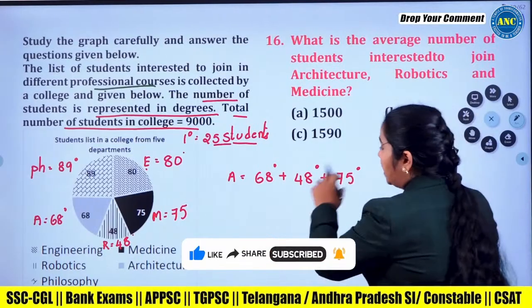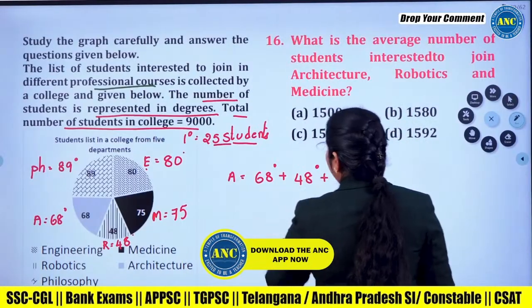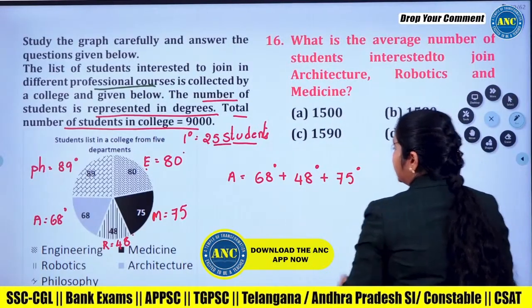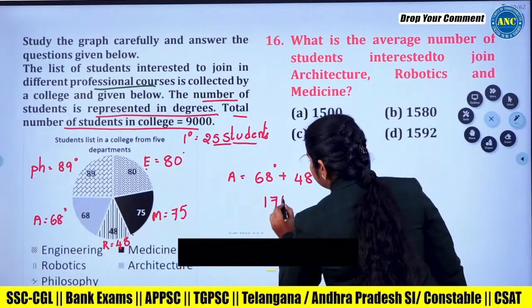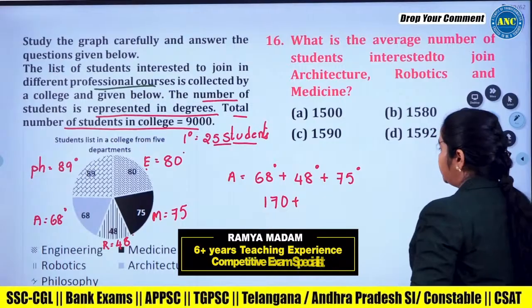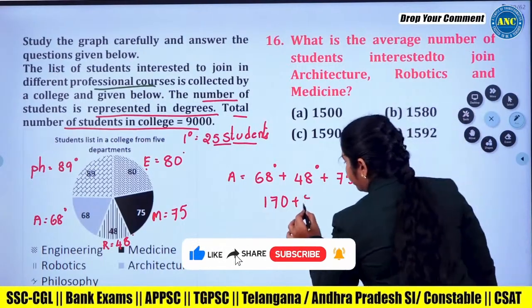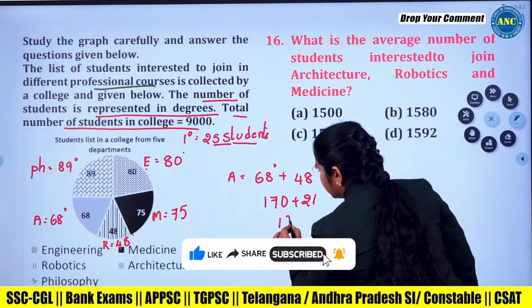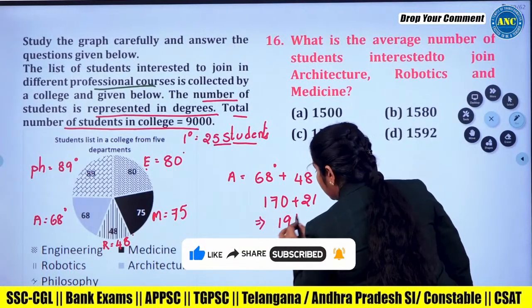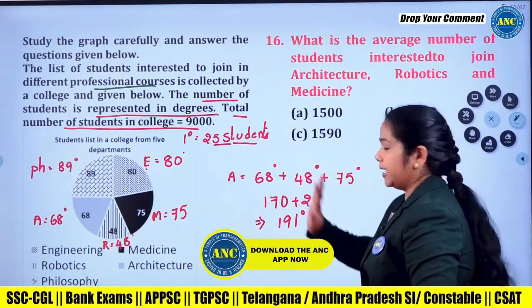Total if you take, it is how much? 60 plus 40 is 100, 100 plus 70 is 170. Plus 8 plus 8 is 16, 16 plus 5 is 21. So, 170 plus 21 is 191. So, overall 191 degree is the value which we get.